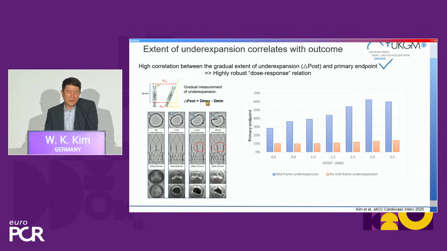And what we saw, and this would underline our concept, because this is only an association, and of course we cannot prove anything, but you see that there are different degrees of underexpansion, and we saw that with increasing degree of underexpansion, there was a very high correlation and a very robust dose-response relation with the primary endpoint.